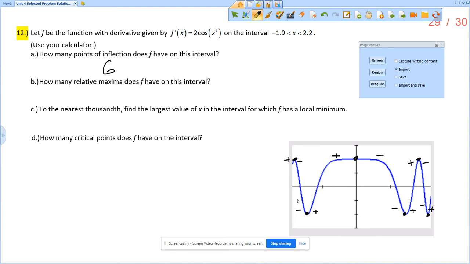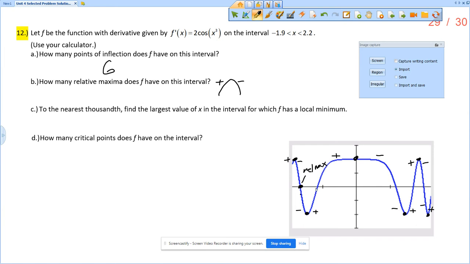How many relative maxima does f have? Remember, you're not counting when this graph has a relative maximum. You are counting when f does. If f has a relative max, the derivative is changing from positive to negative. That means this graph is changing from above the x-axis to below the x-axis. So this would have a relative max.